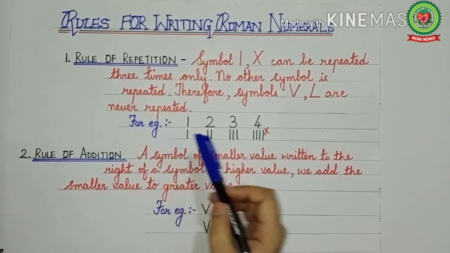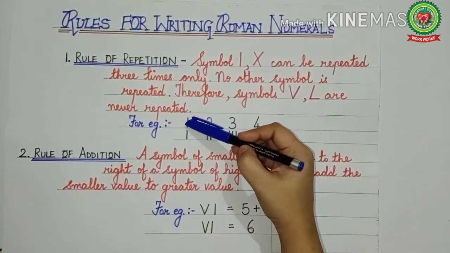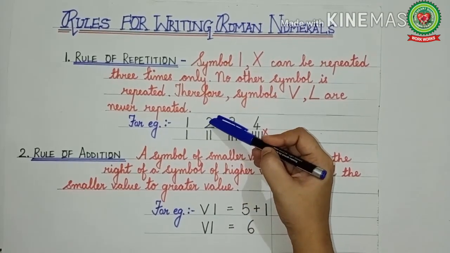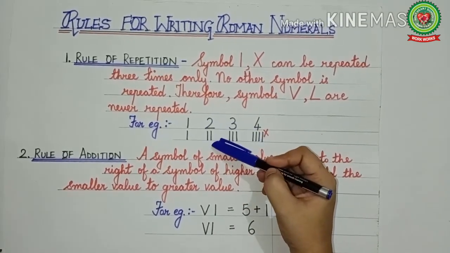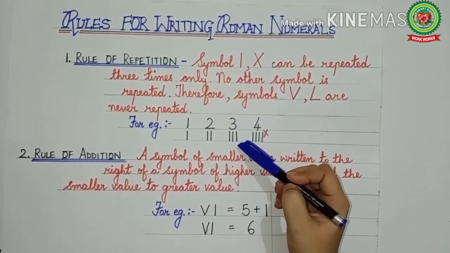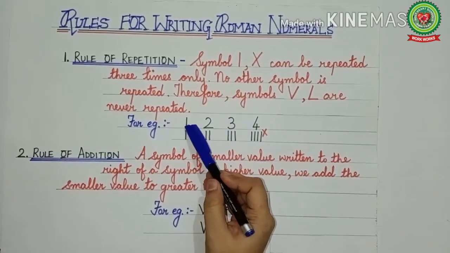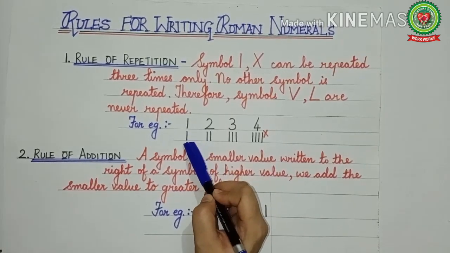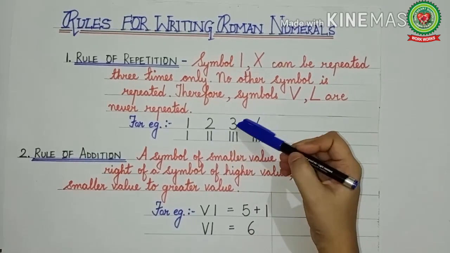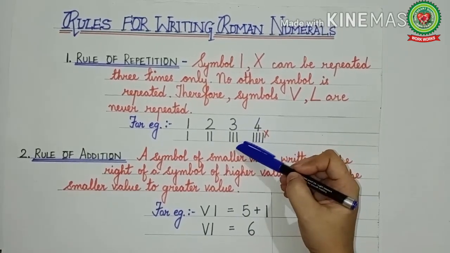For example, look over here. 1 is represented as I, 2 is represented as II, 3 is represented as III. That means for 1 we write I one time, for 2 we write I twice, and for 3 we write I thrice.